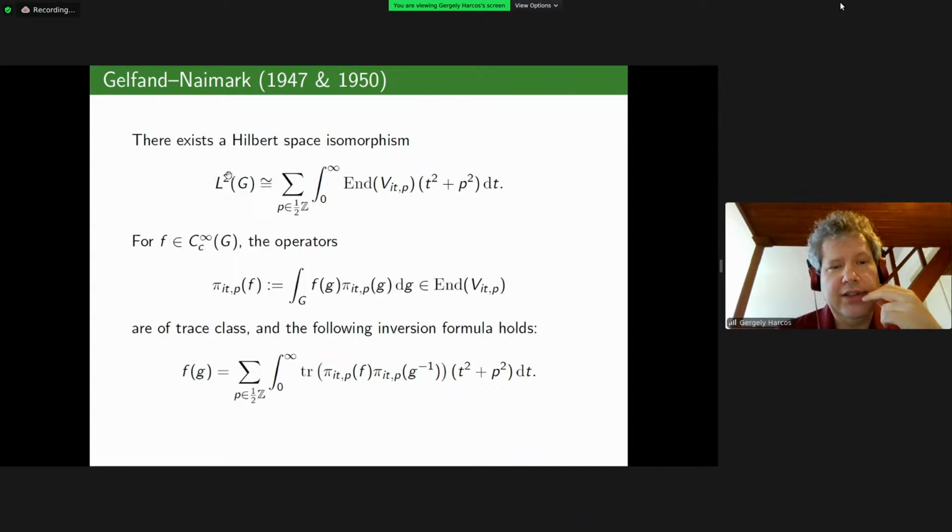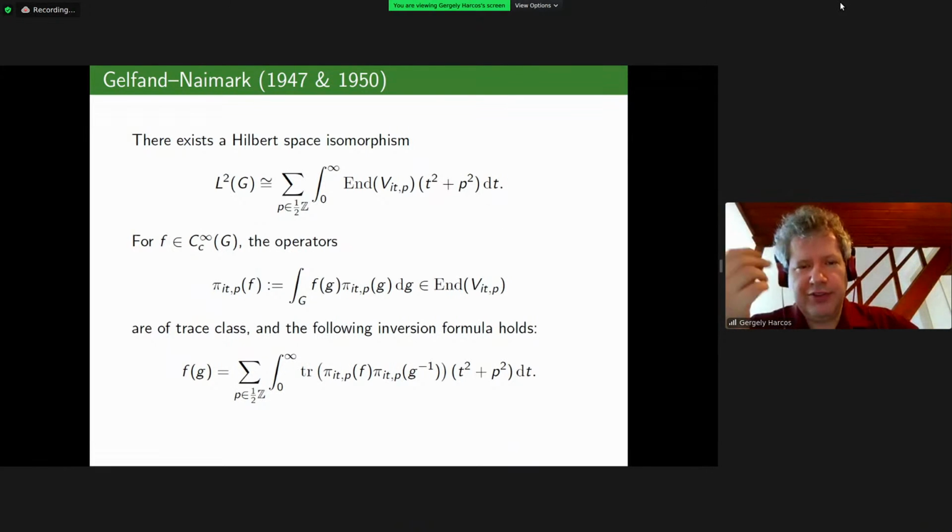So on the left-hand side, there is a Pythagorean theorem which says that the L2 norm of f squared is the integral of the various Hilbert-Schmidt norms squared that come from pi f when you integrate against the Plancherel measure. But apart from this joint square integrability, as long as you are happy with a function in the L2 space, you can choose any action of your function in the various pieces.